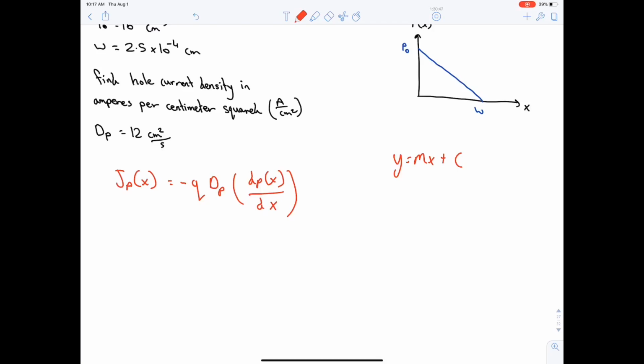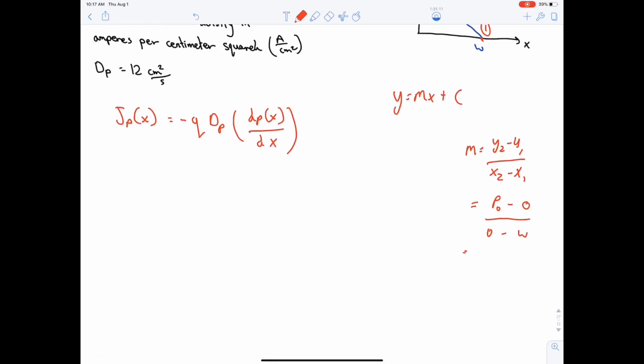Slope is y2 minus y1 over x2 minus x1. Let's say this is number 2, this is number 1. So y of point number 2 is p naught, y of point number 1 is 0, x2 is 0, x1 is omega, so it will be minus p naught over omega.